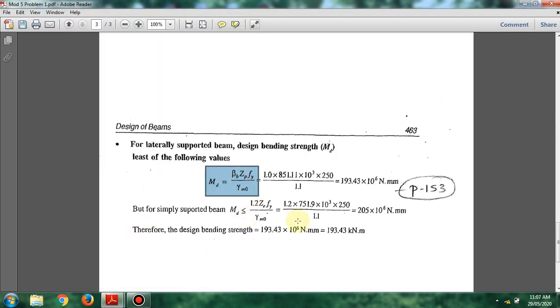So once you have calculated beta B, we have to find the design bending strength. What he has asked is the design bending strength, which is given by beta B ZP Fy divided by gamma m0.